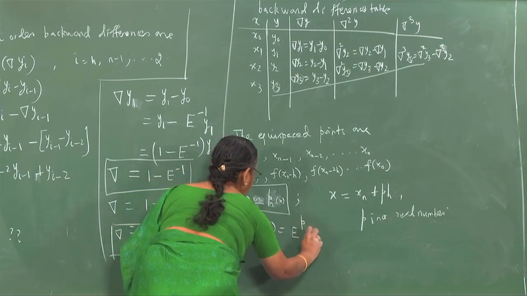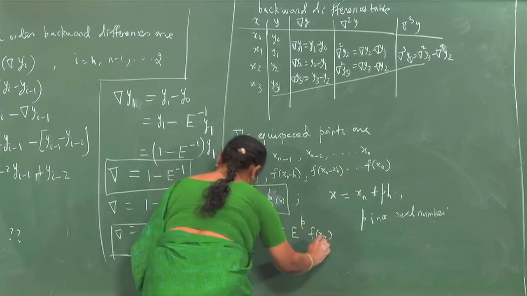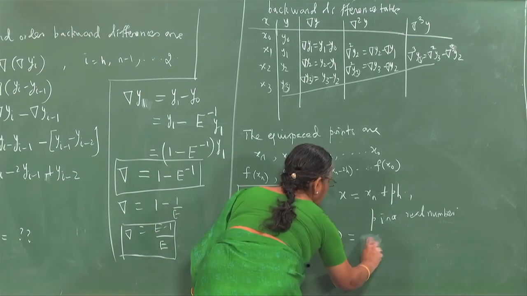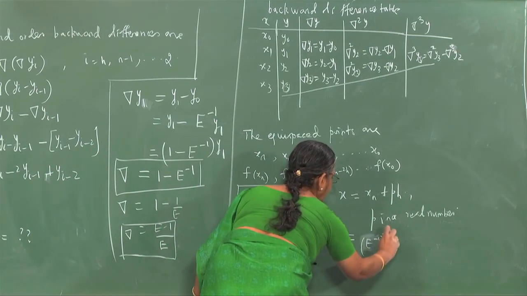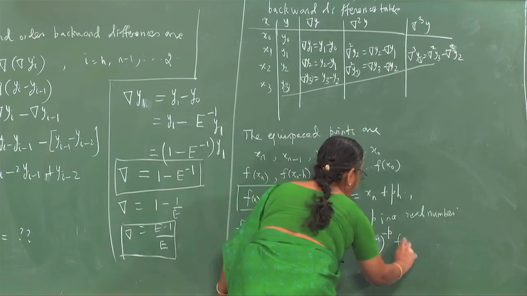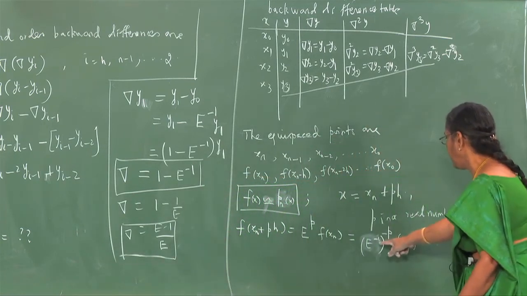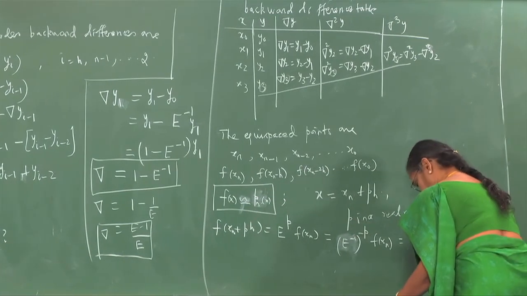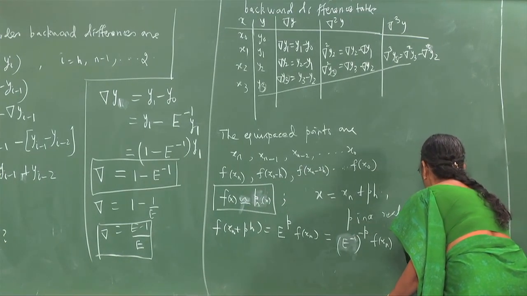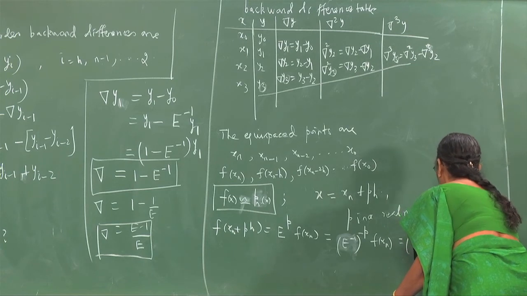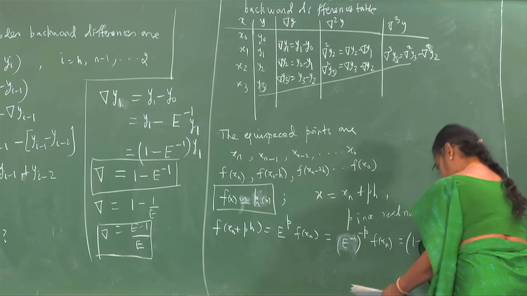So, it is e power p on f of xn, which is e to the power of minus p on f of xn, but I know the relationship between e power minus 1 and backward difference operator, that is 1 minus delta to the minus p on f of xn.